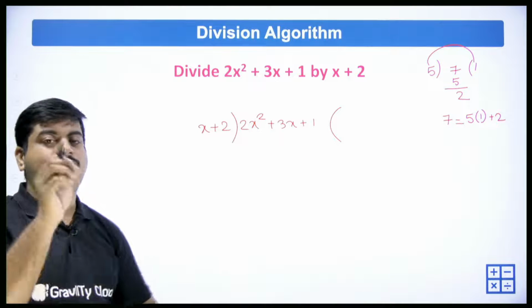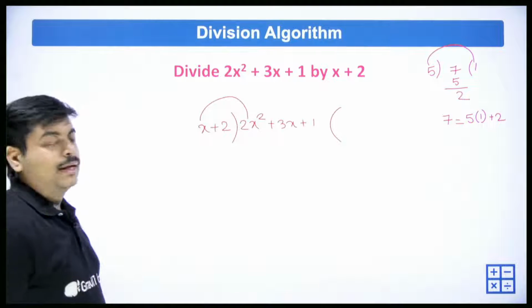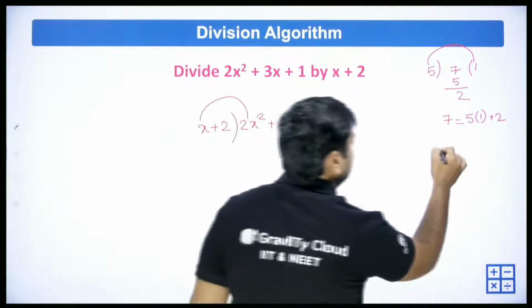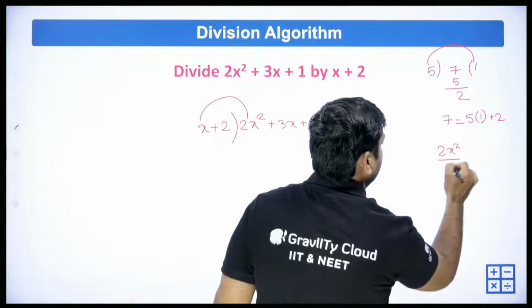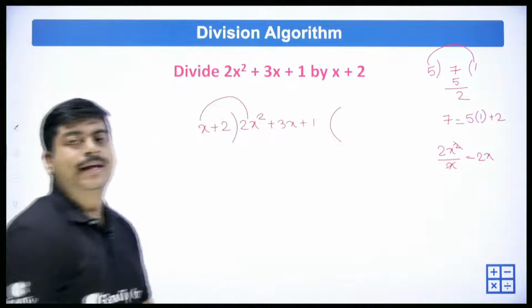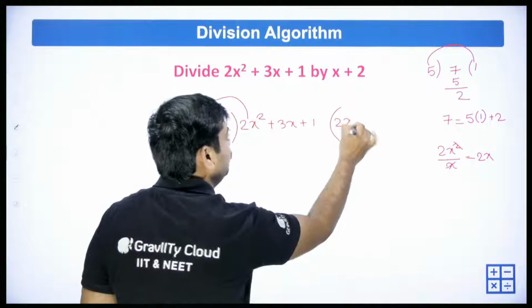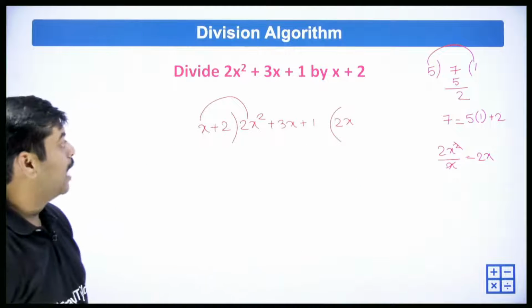The very first thing is to divide the first terms. Divide 2x square by x, that will give you 2x, right? So 2x will come here, correct?